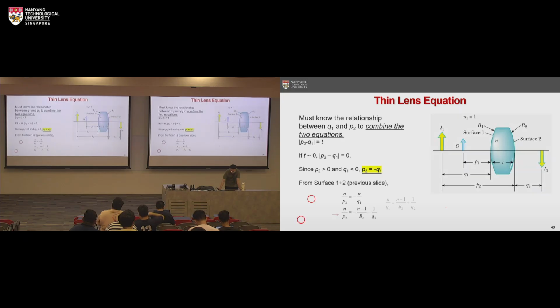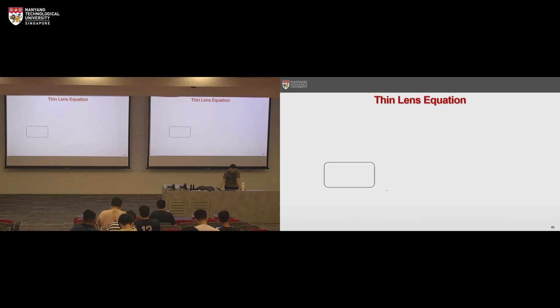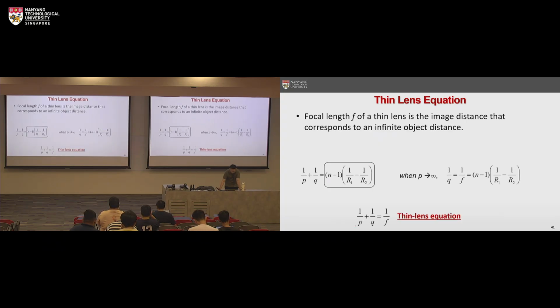In the end, we'll just jump to the solution. If you take all those assumptions together, you will discover magically the result is this equation again. So why does this equation have no refractive index anymore?